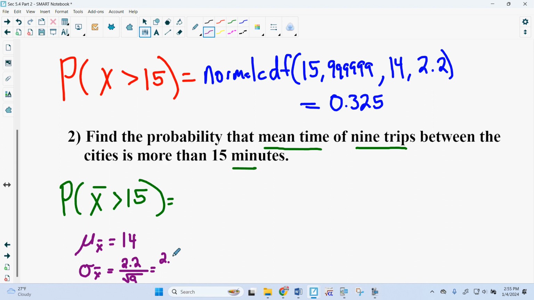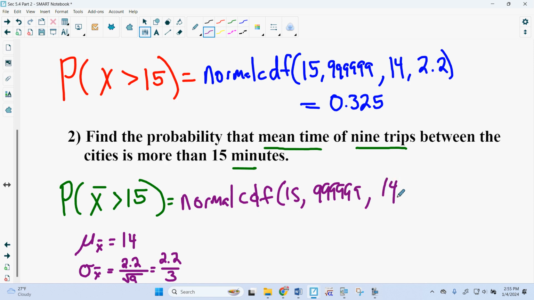So this is 2.2 over 3. So now, when I type this in, normal CDF, 15, 99999, 14, 2.2 over 3, we get our new probability.